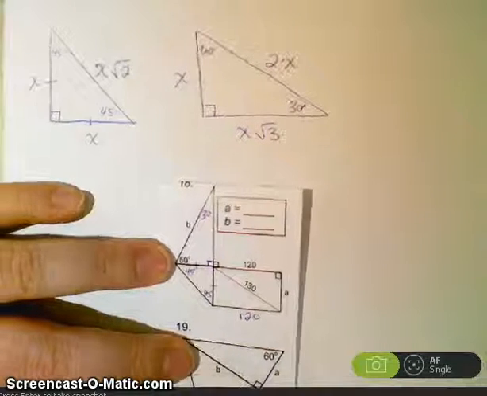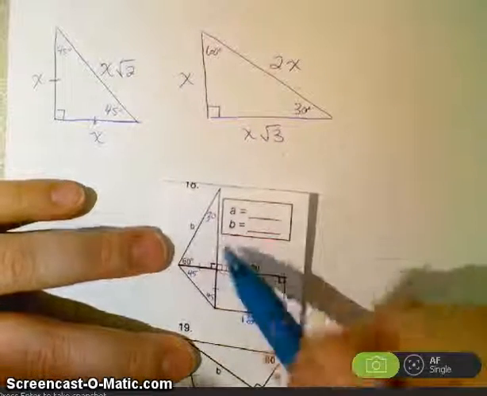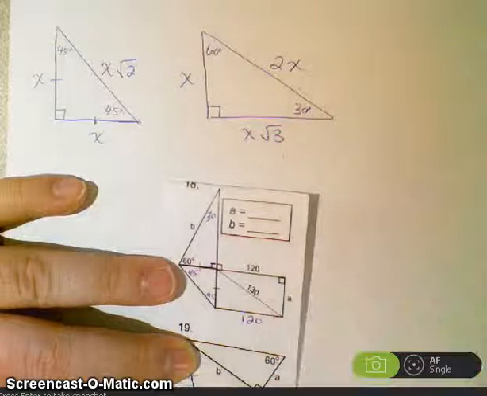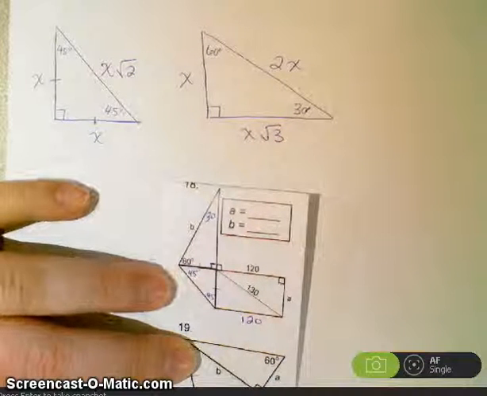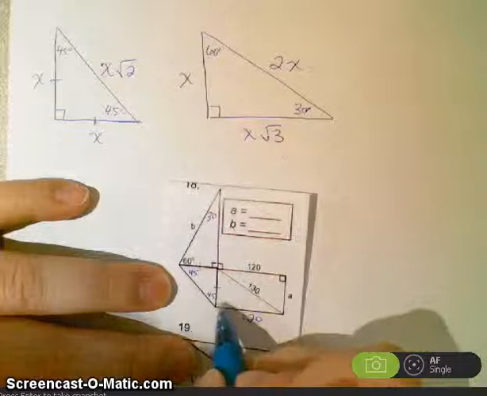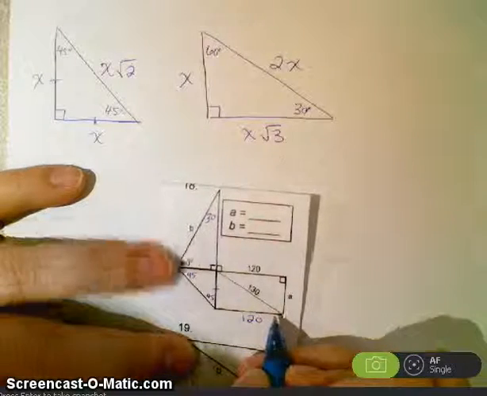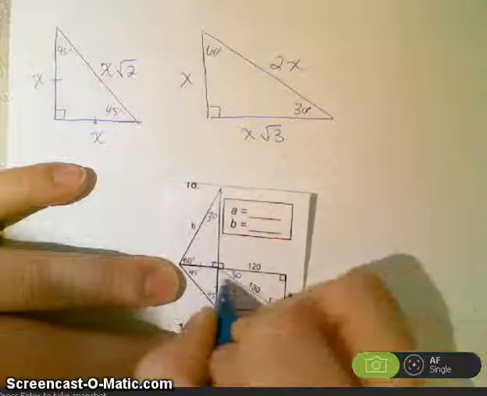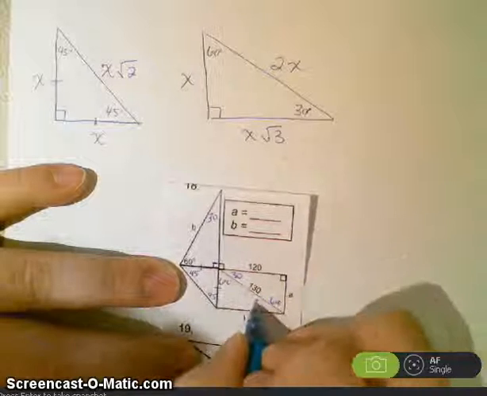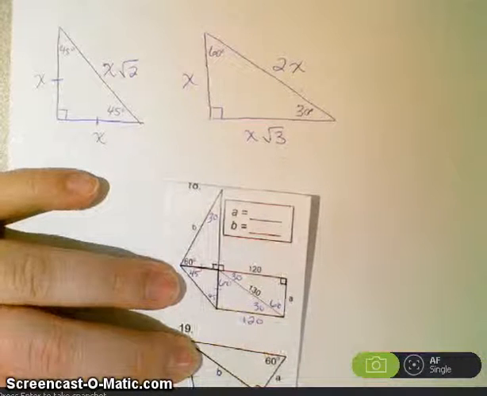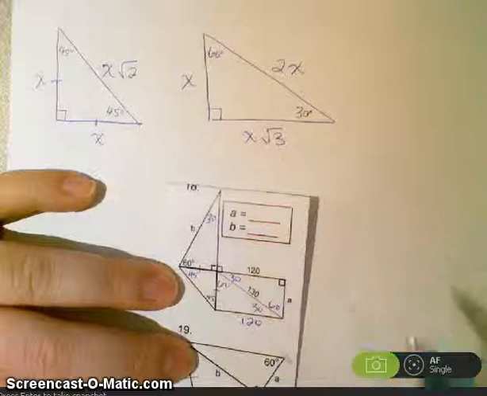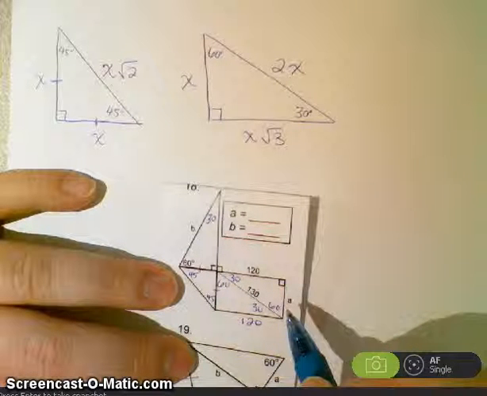Your hypotenuse. This one is congruent to this one. Let's make this 30, 60, 60, and 30.